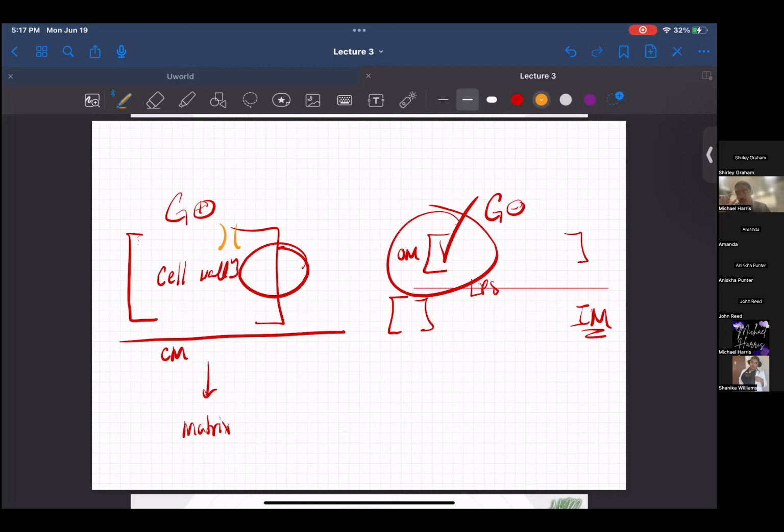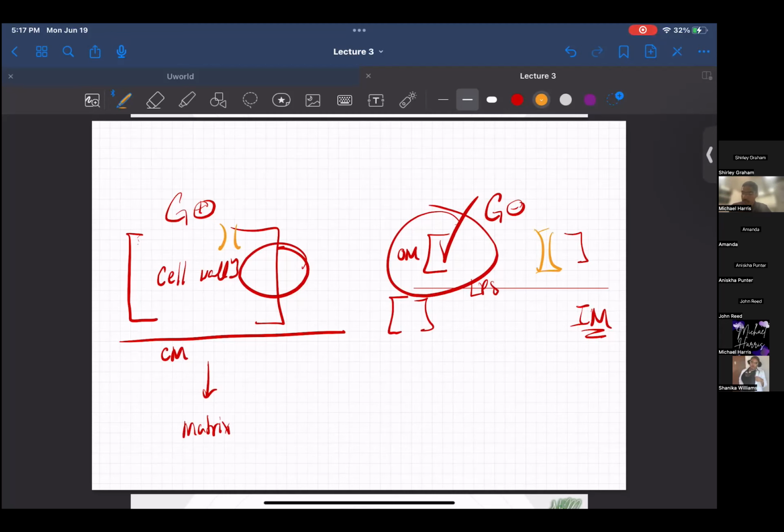Because these proteins are only so long, depth wise, that they can't span that whole cell wall. But here, the depth is enough that it can span the whole outer membrane and puncture gram-negative bacteria. Okay? So if you had an issue with the MAC complex formation, you would expect an increase in gram-negative bacteria. Does that make sense?